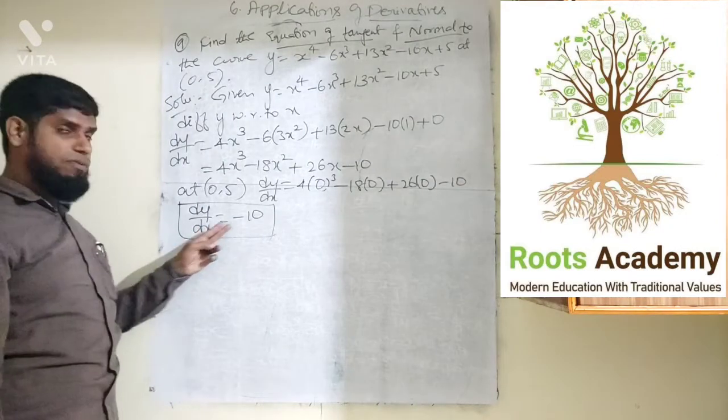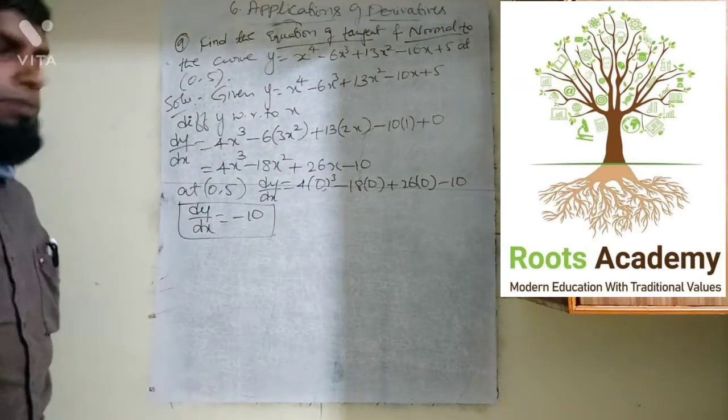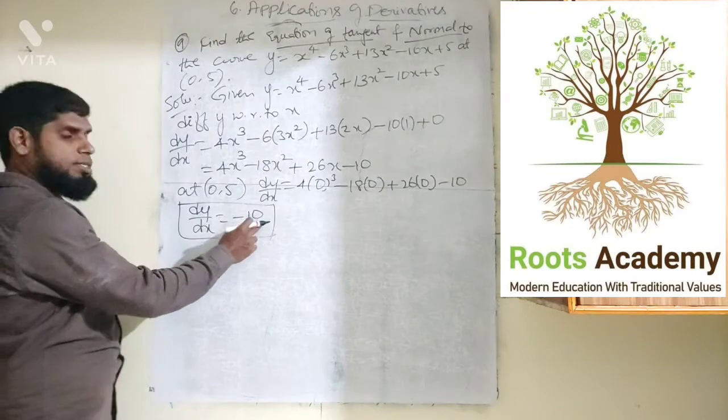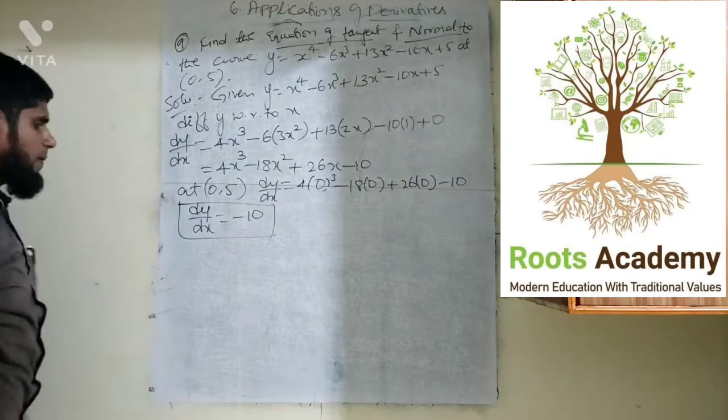Now with this minus 10, I should find the equation of tangent and normal.